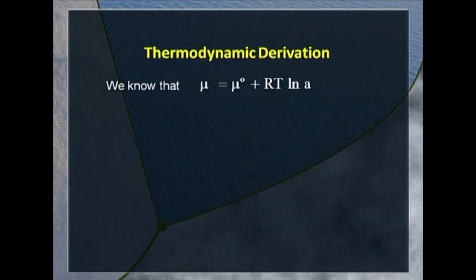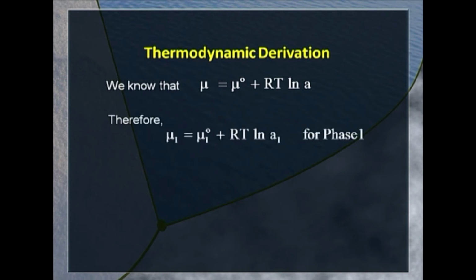Just recall that. We know from thermodynamics, mu is equal to mu0 plus RT ln A, where A is the activity. Therefore, we can write for phase 1, mu1 is equal to mu1 naught plus RT ln A1, and for phase 2, mu2 equal to mu2 naught plus RT ln A2.